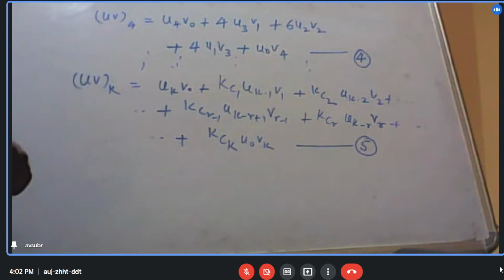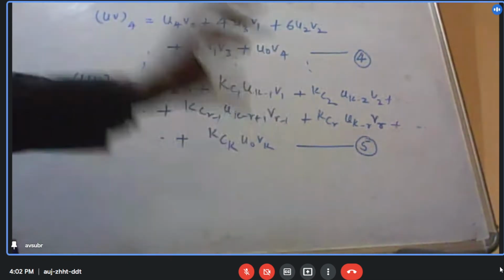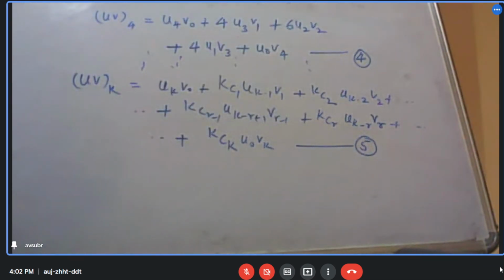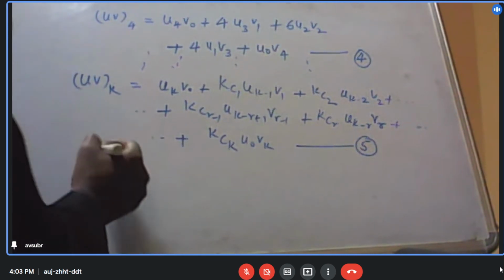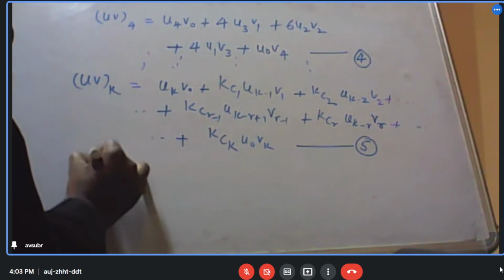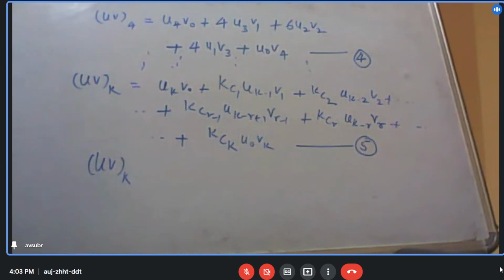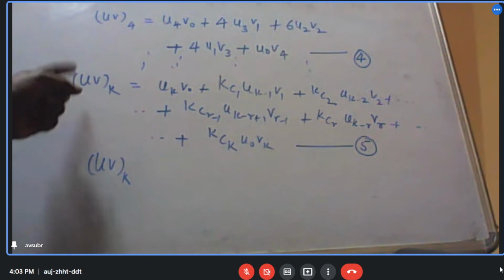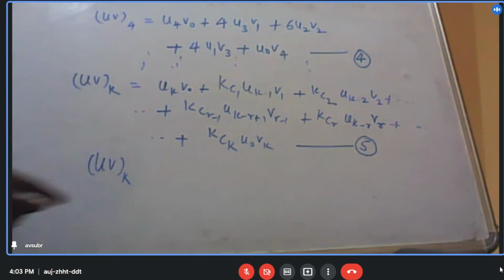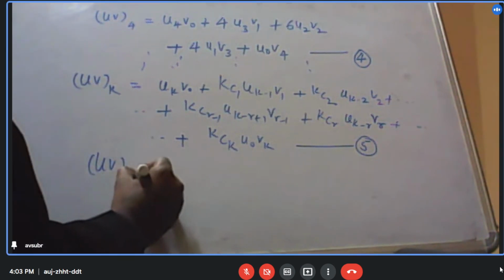Now what we do, we differentiate this once more. So then on the left hand side, what should K plus be? K plus 1, correct?